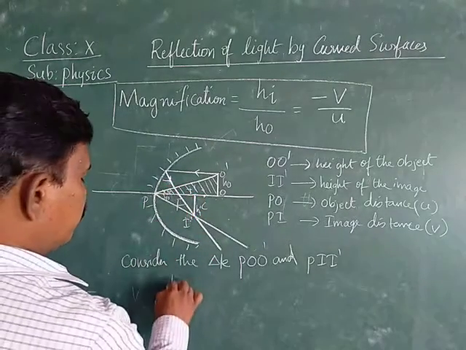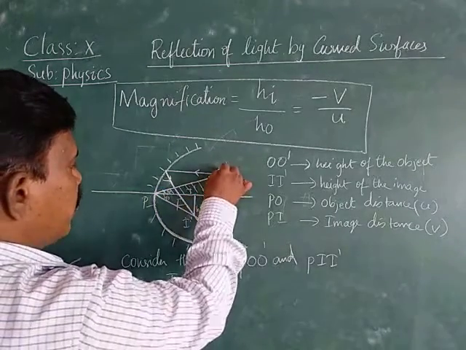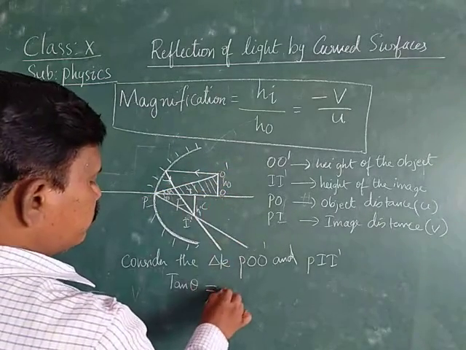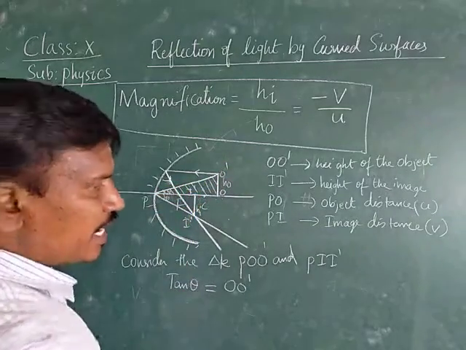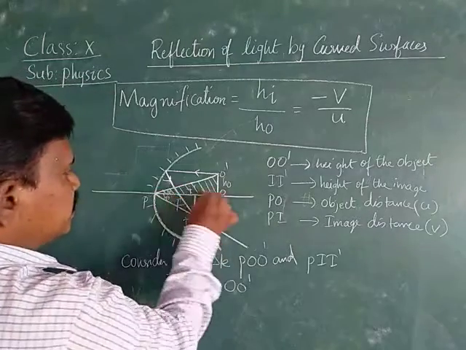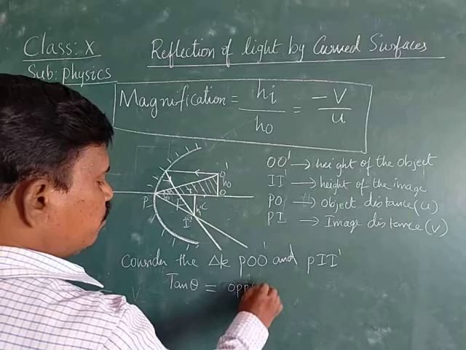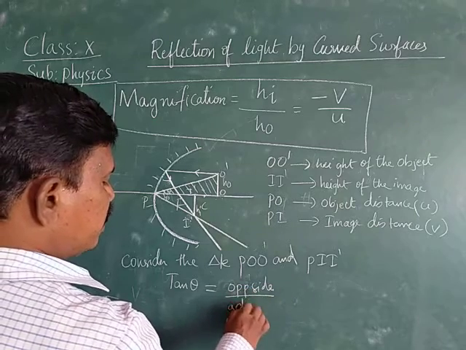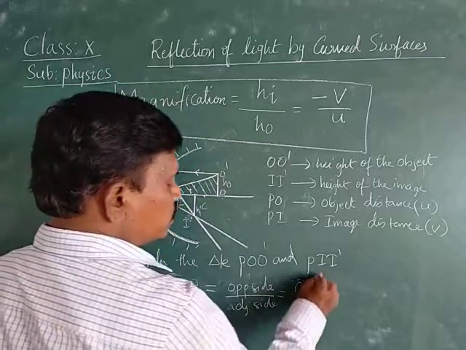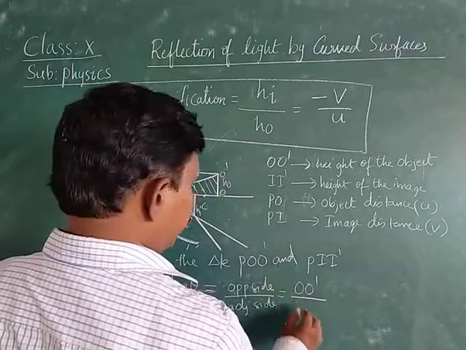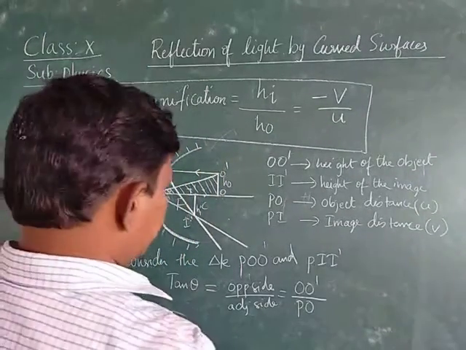Therefore, let us take tan theta. Tan theta is equal to opposite side by adjacent side. Here OO dash is the opposite side, and PO is the adjacent side, so tan theta is equal to OO dash by PO.